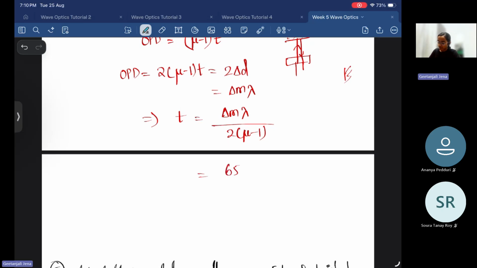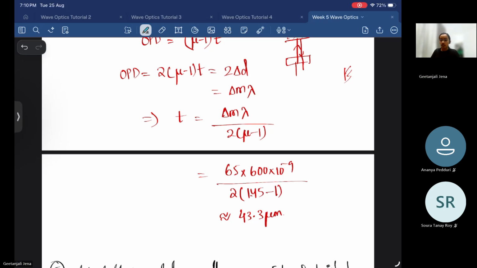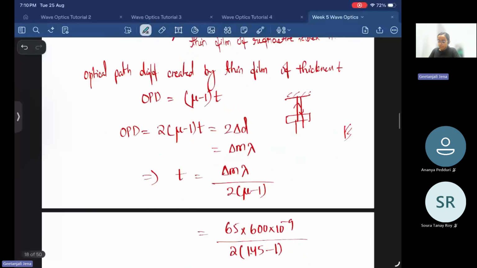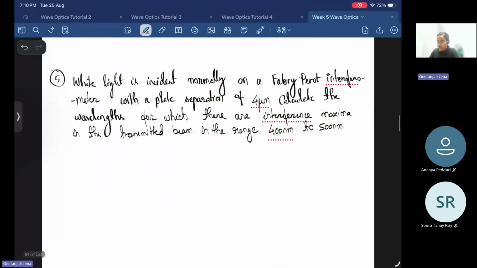Delta M is 65, lambda is 600, and mu is 1.45, which will give a value of 43.3 micrometer. Okay, so option B. Let us see our next question.